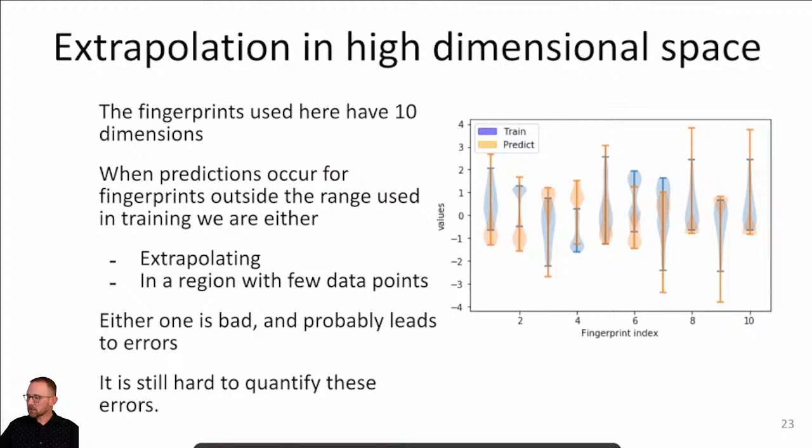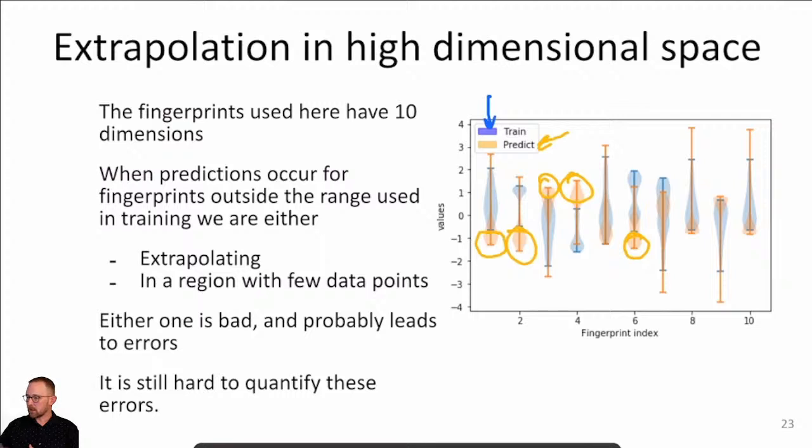Okay, so how do we know it's extrapolating? What does extrapolation mean here? We have a 10-dimensional fingerprint, and here are the training distributions in blue, and the prediction is in orange. What you can see, especially in regions like these, is that we have prediction fingerprints well outside the range that we trained in.